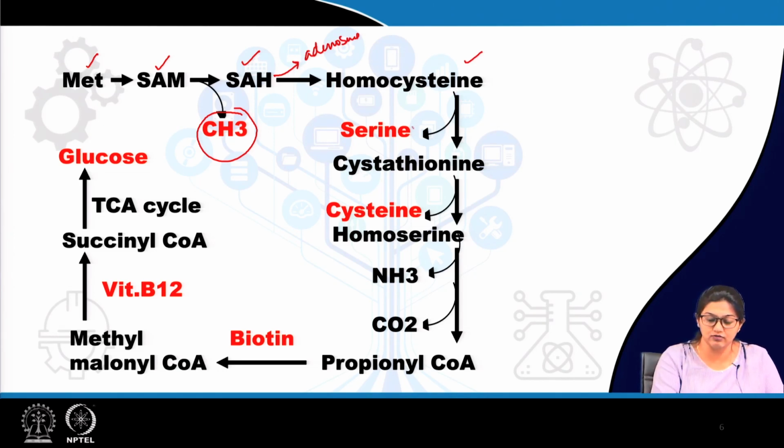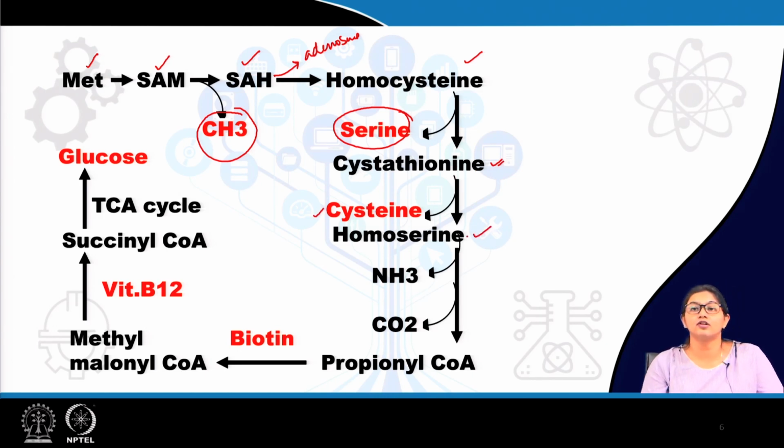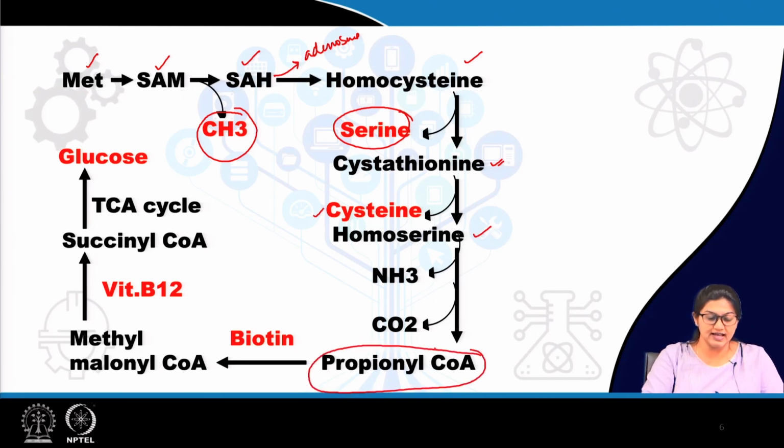Homocysteine when it reacts with serine forms cystathionine. Cystathionine then forms cysteine and homoserine. Homoserine undergoes deamination and oxidative decarboxylation to form propionyl coenzyme A, and this propionyl coenzyme A takes part in gluconeogenesis.